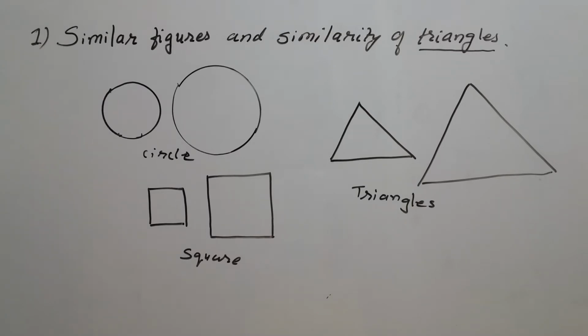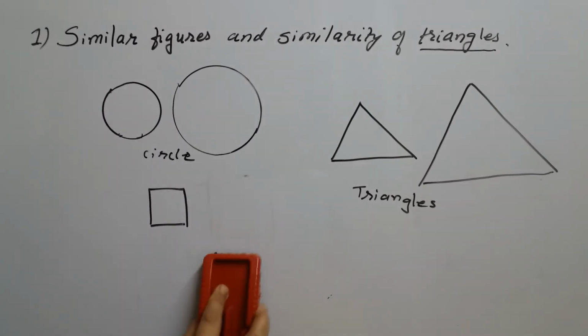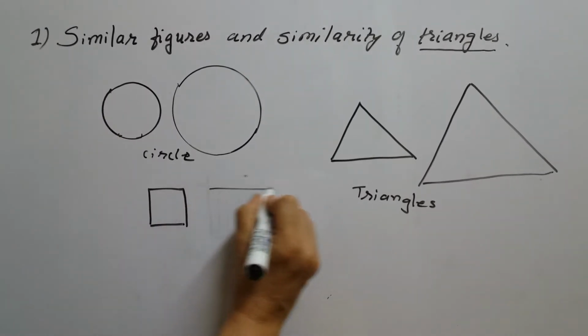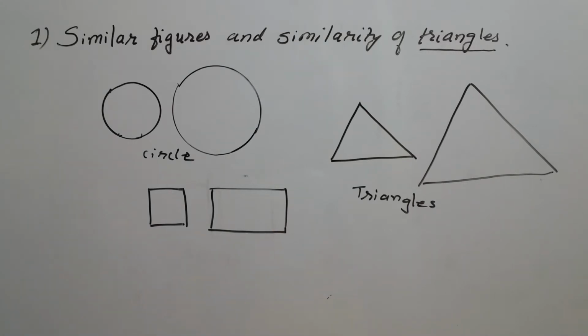But if I consider a square and a rectangle, can I say they are similar to each other? Suppose I replace this square by a rectangle. Can I say a square and a rectangle are similar figures?